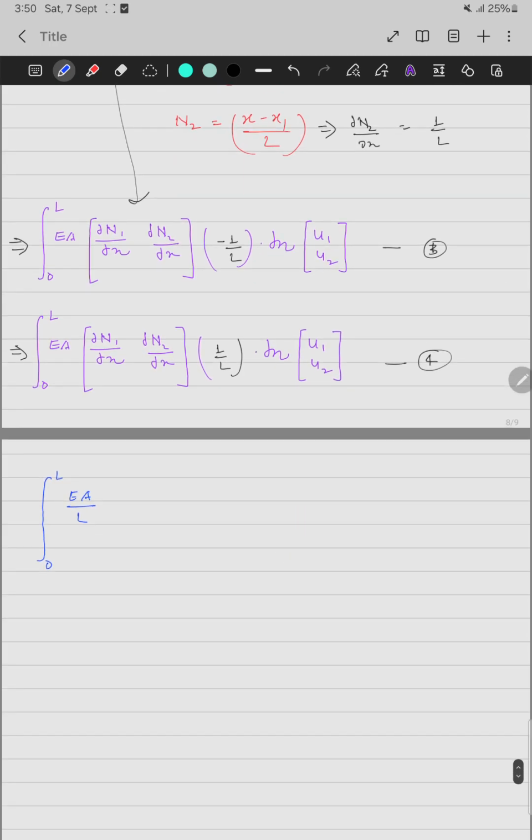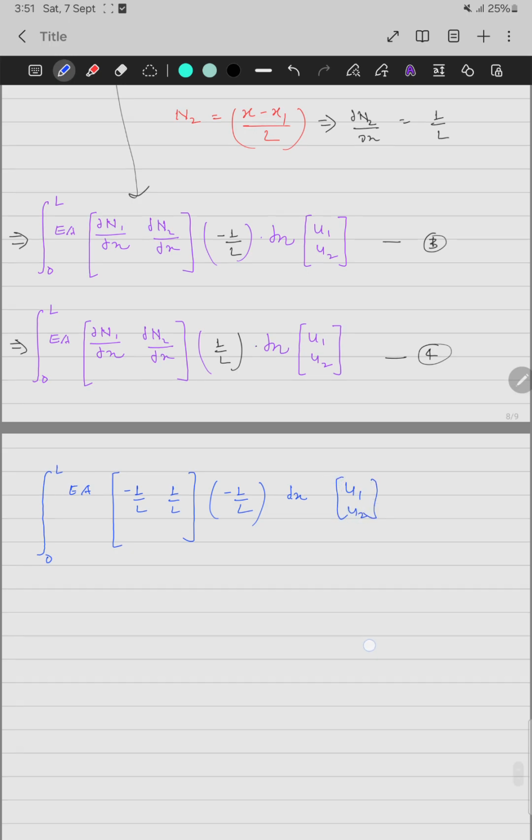So once again let me write, so what we'll get from here basically: for the first equation we will get minus 1 by L, and it will be 1 by L. Okay, and here it will be minus 1 by L. So I'm just, as of now, removing this L from here, and here we are getting del x. Okay, here we have u1, u2.